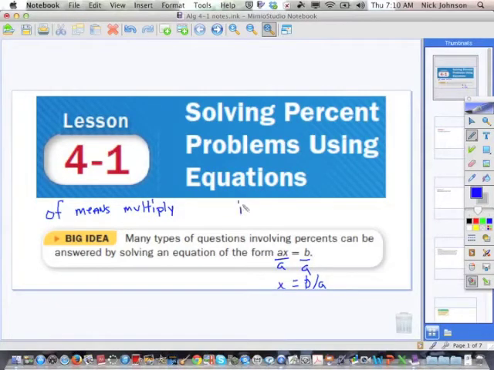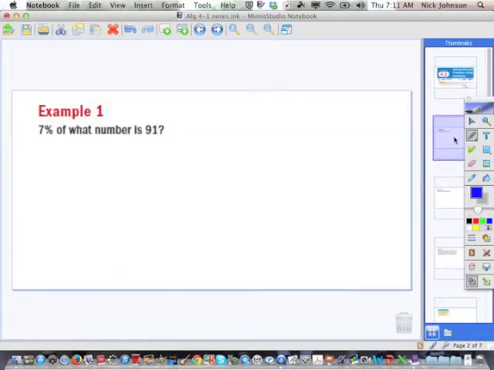When you hear the word "is," it means equal. So as we're going through these word problems and we need to transform them into a math problem, of means multiply, is means equals, and that's going to play an important role when we're doing these problems.